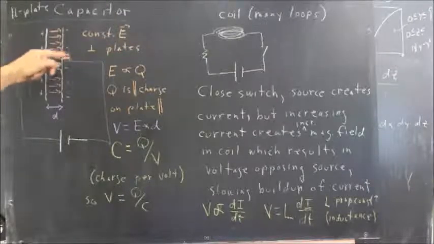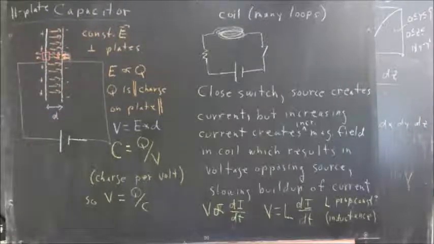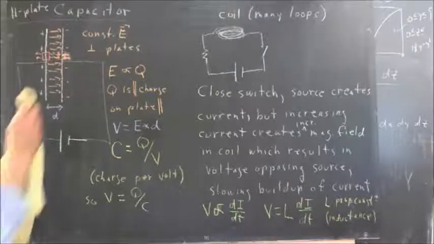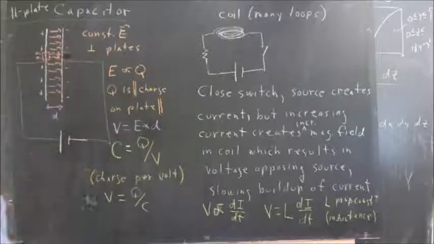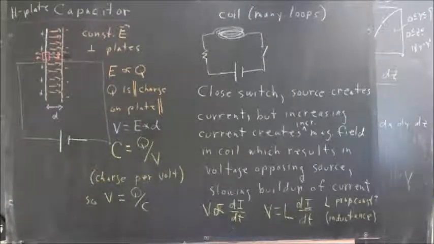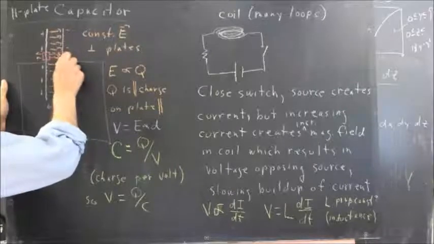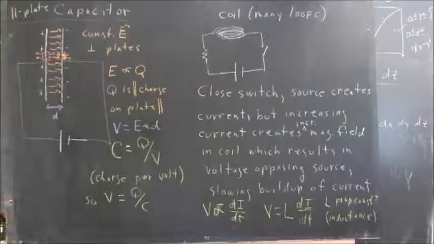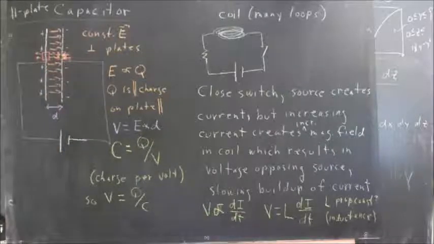Over here, same thing, we have an electric field, but it's pushing inward toward the plate. And I realize this is kind of smudged here. Let me see if I can make it a little clearer. Okay, these arrows should be pointing inward. Kind of small, might be a little bit hard to see, but hopefully you understand what I'm saying.